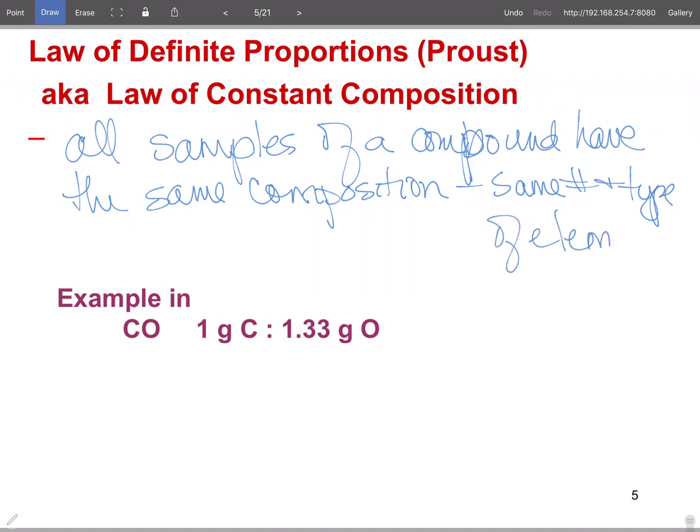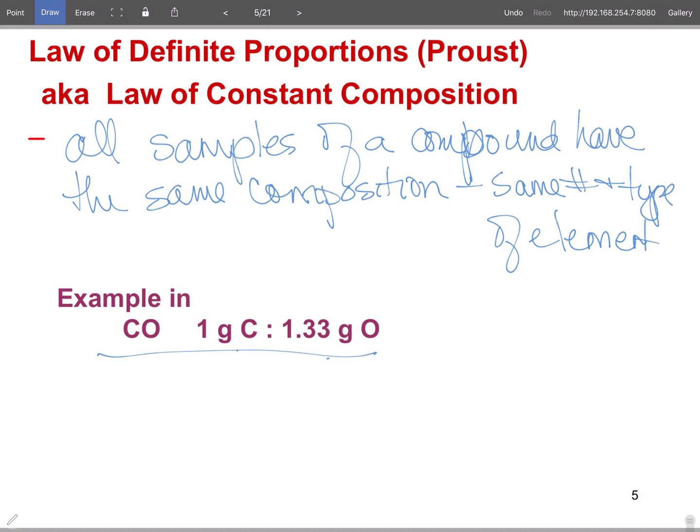So what that means is that if we're looking at carbon monoxide, then we're looking at it as 1 gram of carbon for every 1.33 grams of oxygen. Now, some of you are going to look at it and say, well, why don't we say it's 1 atom to 1 atom? You can say that, and that is also true.